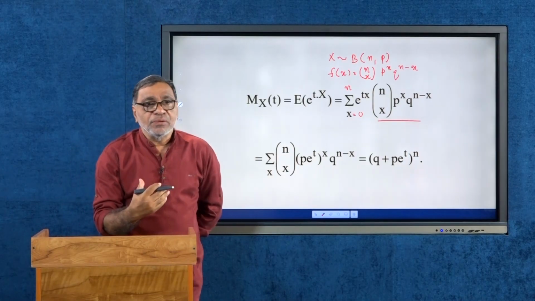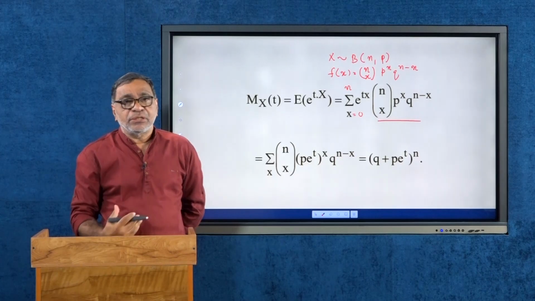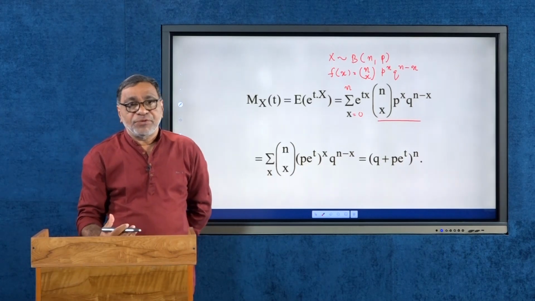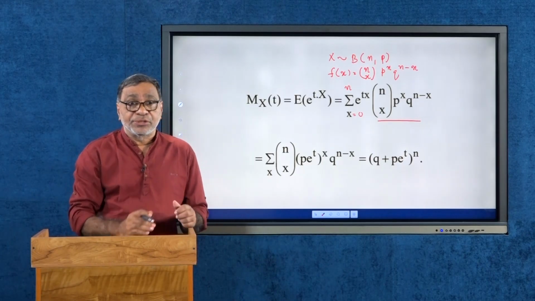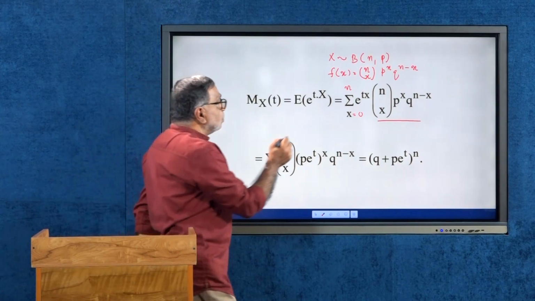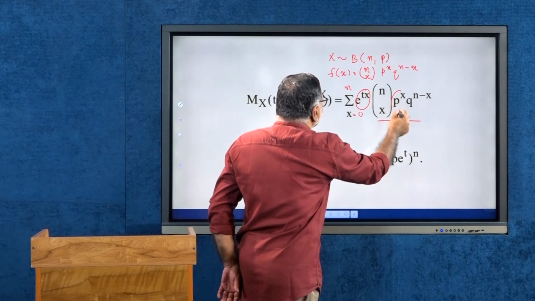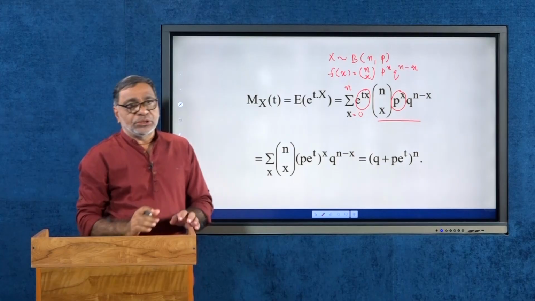As we considered in the case of the probability generating function, we derived the probability generating function by combining the factors s power x and p power x. Similarly, here also, just look: this is e power tx and this is p power x. So, these two factors are combined together.